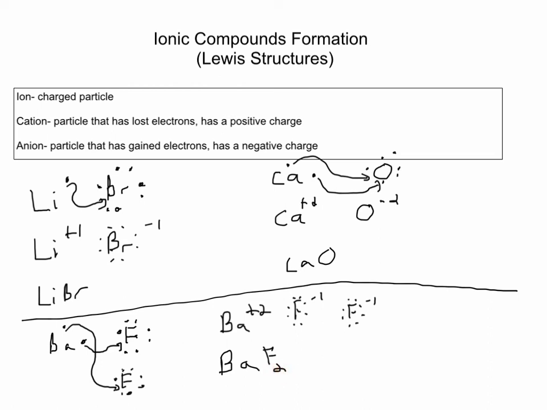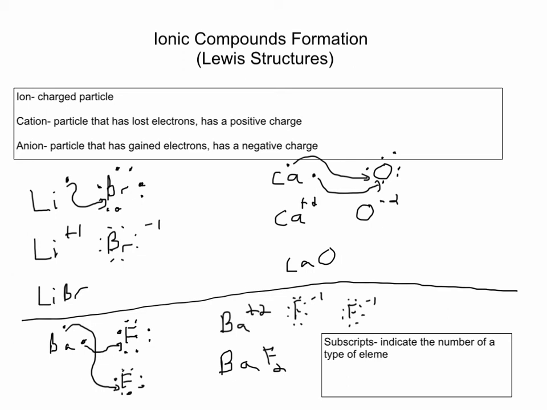Now, what does this subscript mean? What does this little number mean in a chemical formula? Well, the little numbers are called subscripts, and subscripts indicate the number of a type of element in a compound.